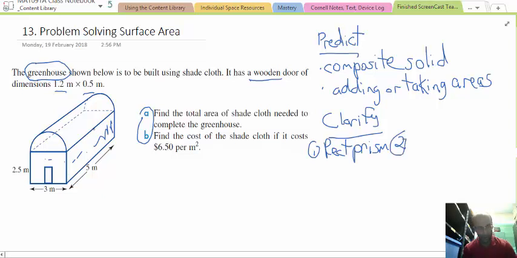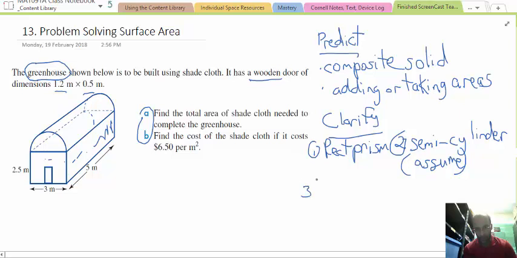We've got this dome shape on the top here on the roof. Well, that appears to be, I'm going to assume that that is a half of a cylinder, or a semi-cylinder, I'm going to call that, because it's half. That's a bit of an assumption because you don't know if it is exactly a half or if it's close, but I'm going to assume that because we don't have any further information, so it's reasonable to assume that.